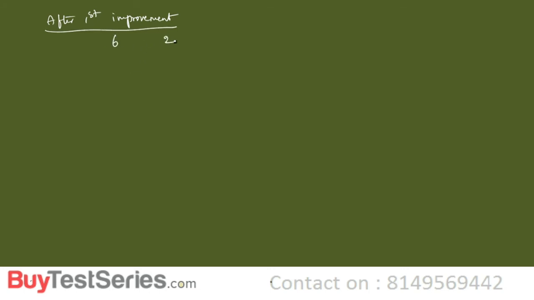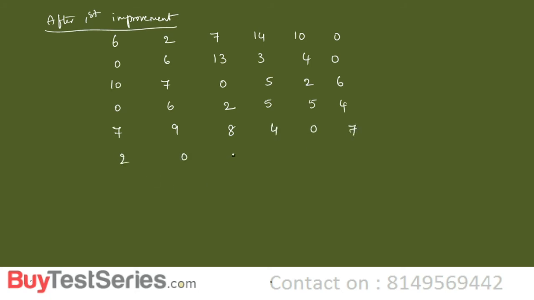So 6, 2, 7, 14, 10, 0, 0, 6, 13, 3, 4, 0, 10, 7, 0, 5, 2, 6, 0, 6, 2, 5, 5, 4, 7, 9, 8, 4, 0, 7, 2, 0, 0, 0, 0, 0. Is that clear? This is going to be a new matrix.